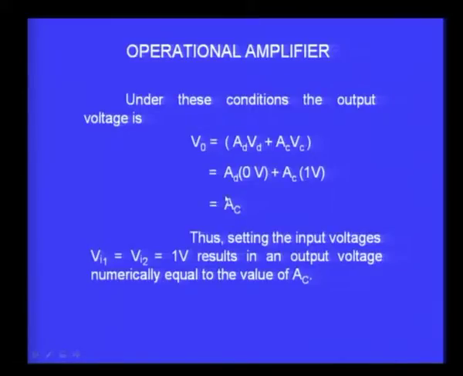So if I give 0.5 and minus 0.5 for the two inputs, I get the output voltage in magnitude as AD. If I give 1 volt and 1 volt at the input, I get AC as the voltage at the output. So this is one simple way to measure AC and AD.